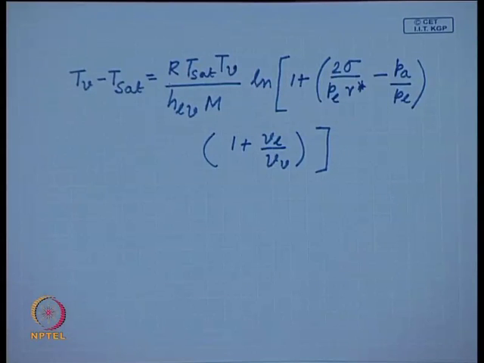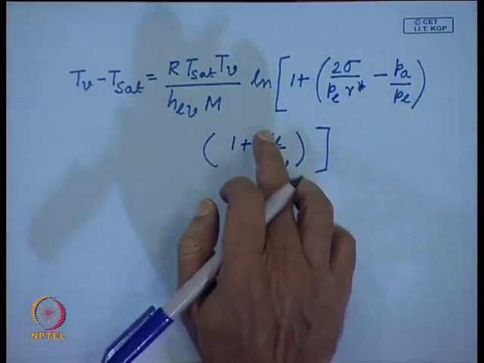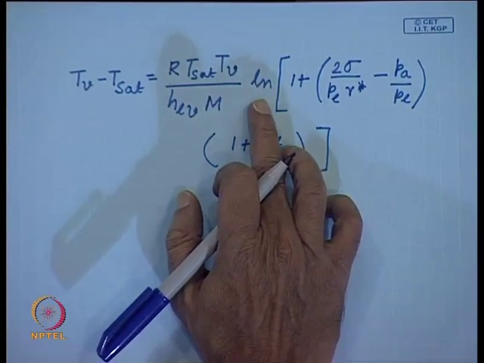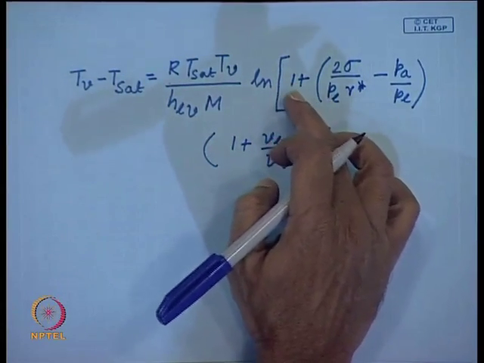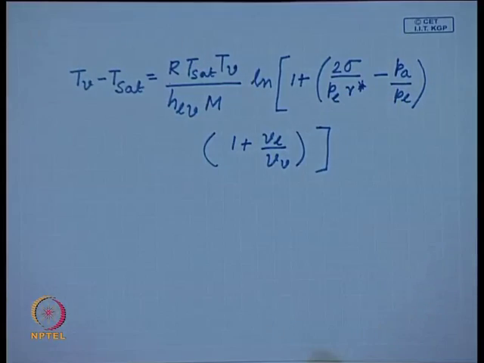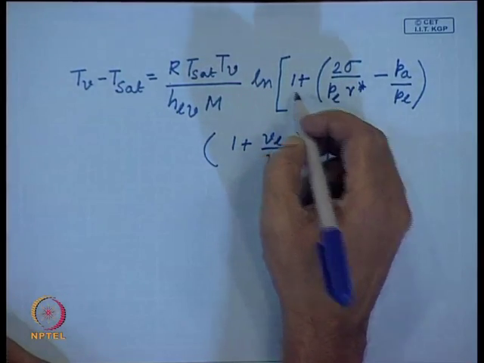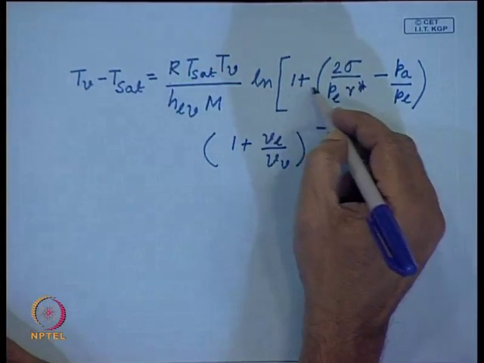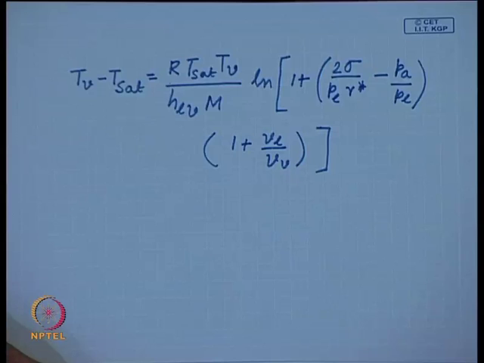Then one will be left with the natural logarithm of 1 plus 2 sigma by P L r star. Again, this term is much less than 1, so one can expand this in a logarithmic series and retain the first term. So, some simplification can be done.